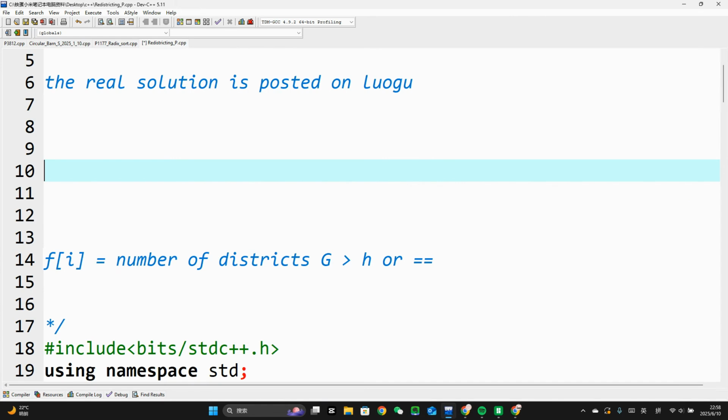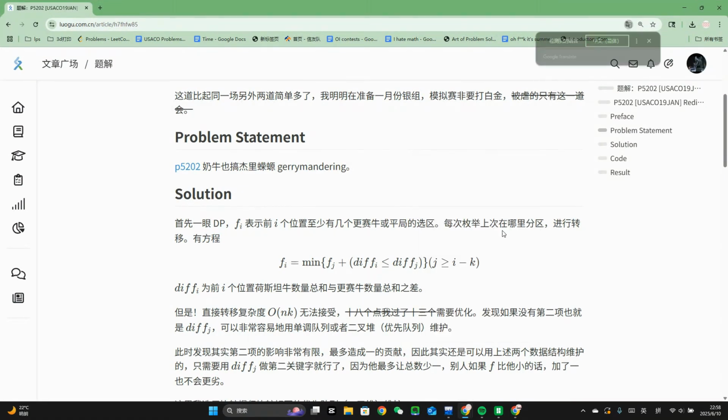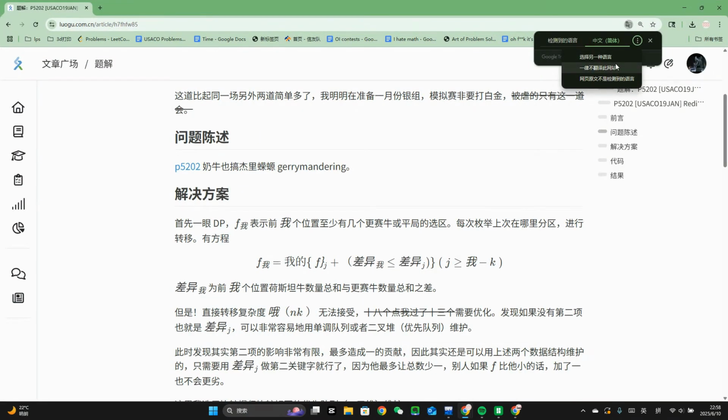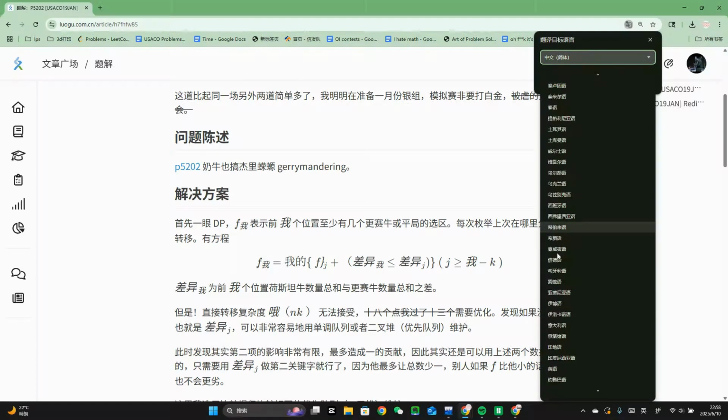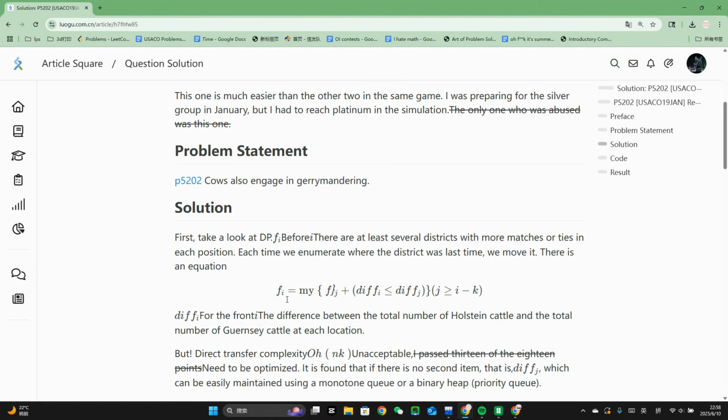Anyways, actually, I'm just going to pull up my Luogu solution and translate it, because I wrote a solution on this online judge. However, it's all in Chinese, so hold on. English. There we go. Okay. So this is the original DP formula.